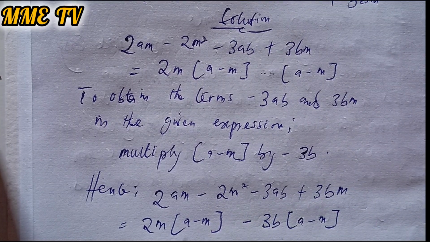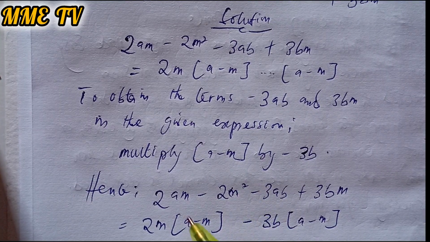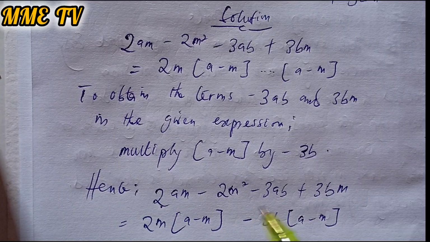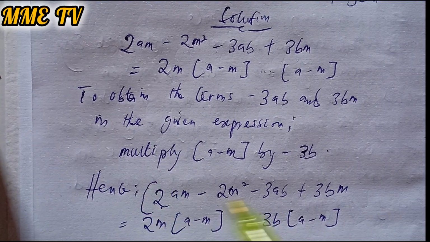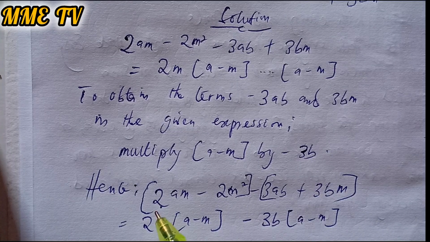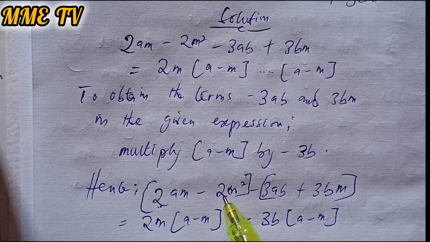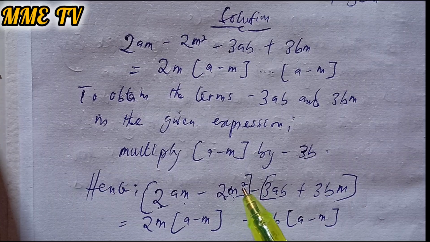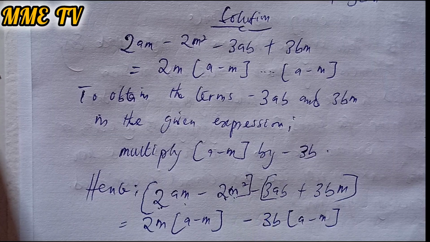Now, when you look at these whole terms which we have here, you will notice that 2 is common. What do I mean by 2 being common? If you are to bracket this and bracket this, you will see that 2 is here, 2 is here, m is here, m is here, m that is here is raised to the power of 2, meaning that we have actually m squared, as in 2m that is here.